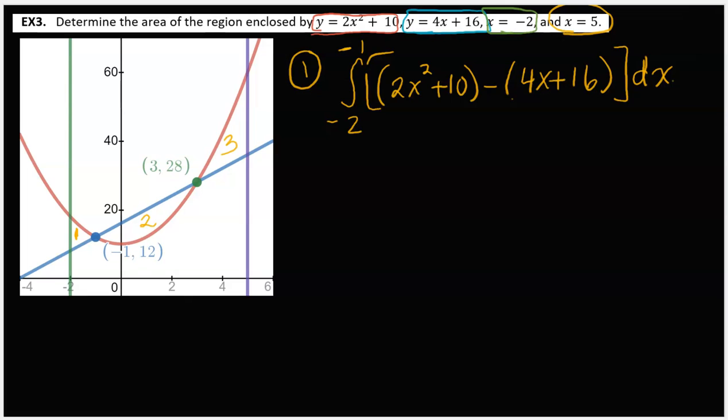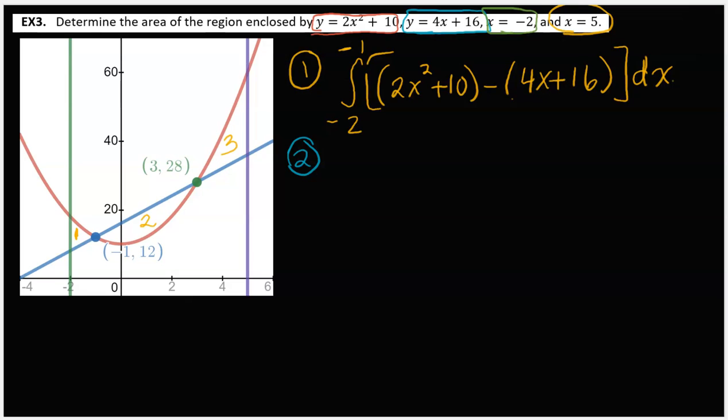Now region number 2. This region right here is going to be from -1 to 3. The vertical strips here would be blue minus red, that is, the line minus the parabola.